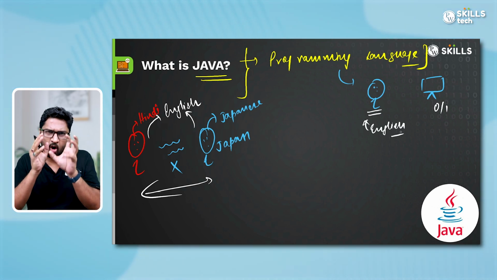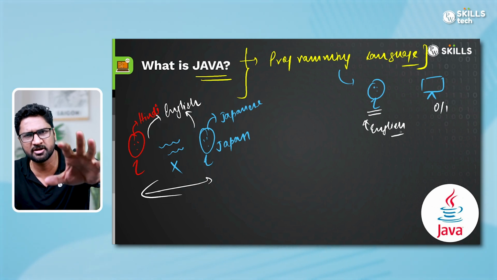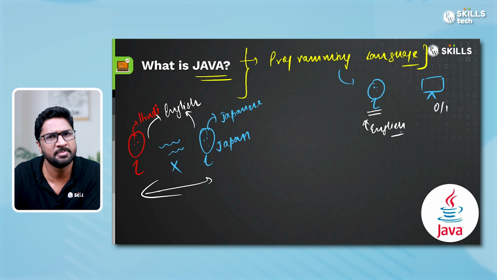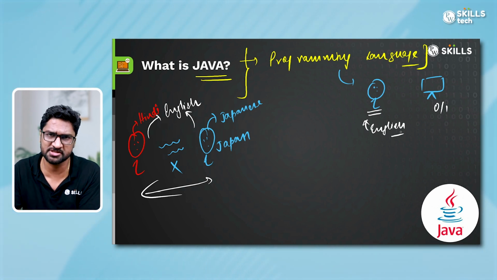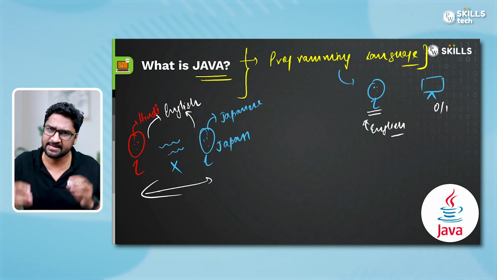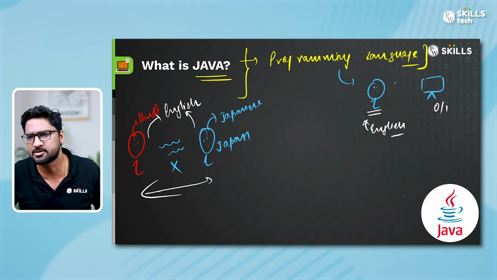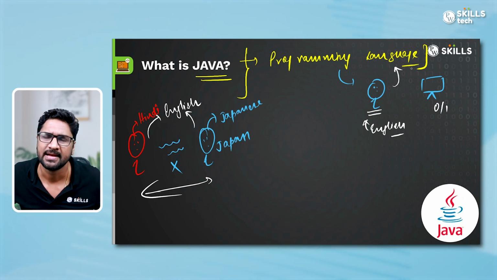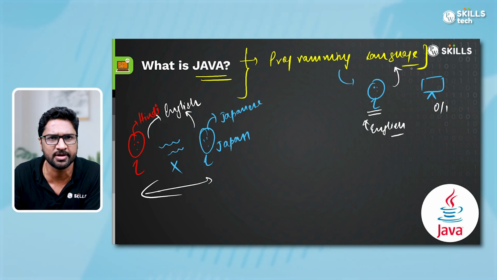So I need some common language which, if I give directions to the computer, it is able to understand. And those instructions that we give in a logical fashion to the computer, so that we make sure the computer is doing the work we want, are called the programming language. The programming language is the language which the computer understands.